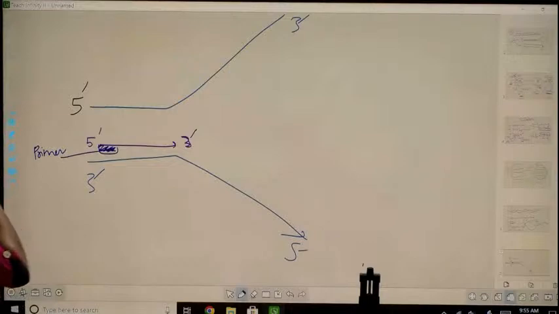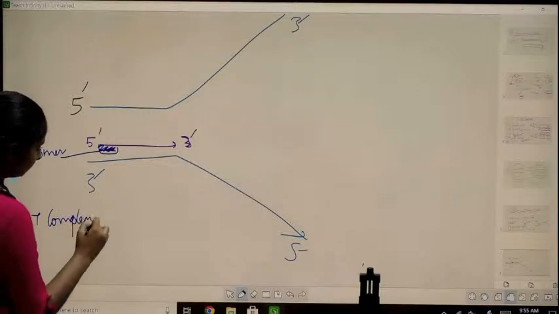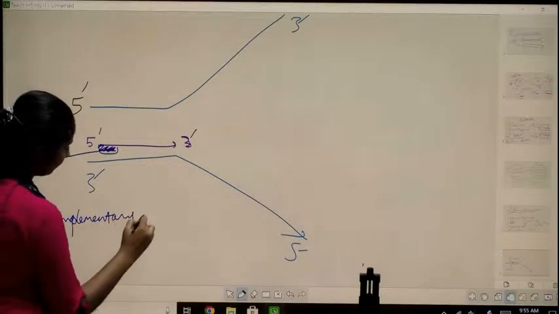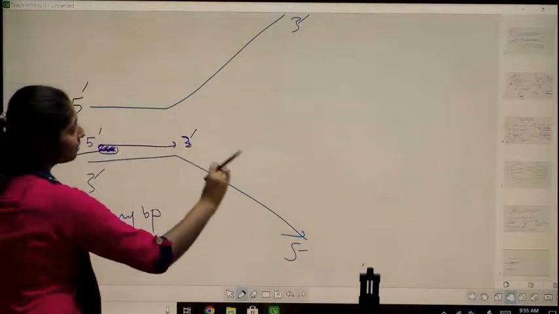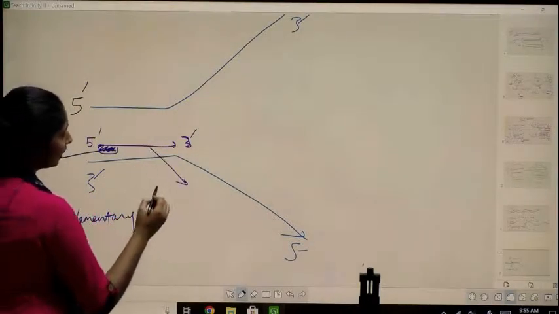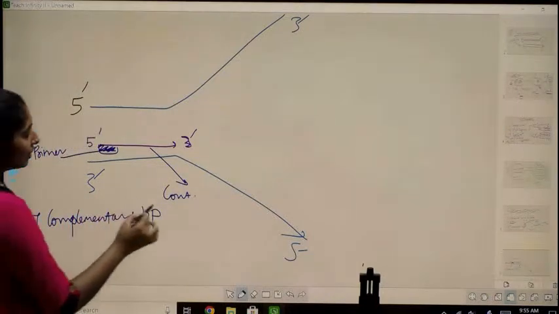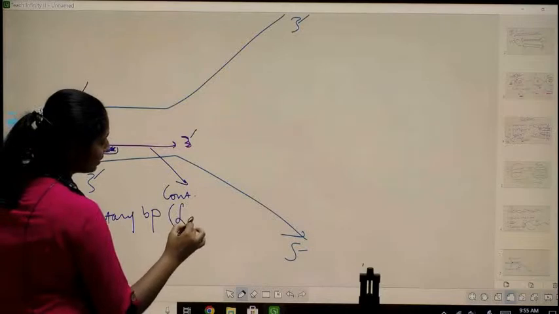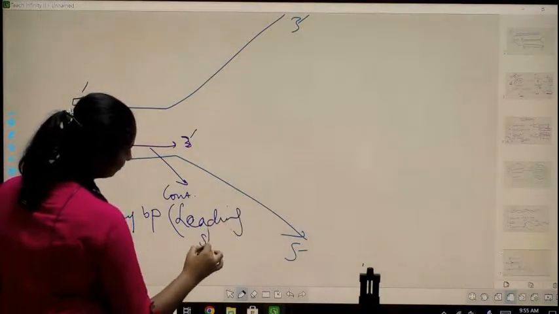So new nucleotides are added based on complementary base pairing. Here the strand will be synthesized in a continuous fashion, and this strand is going to be named the leading strand.